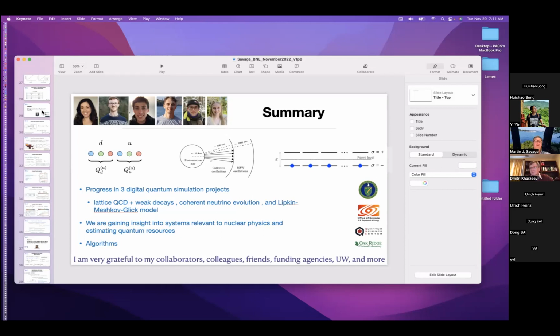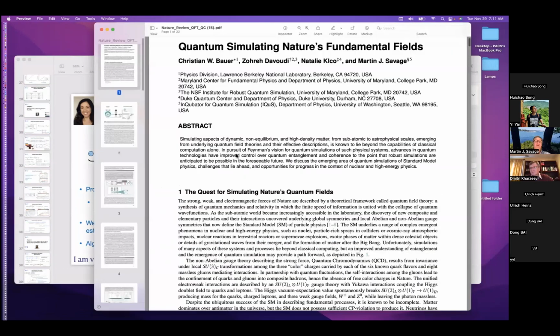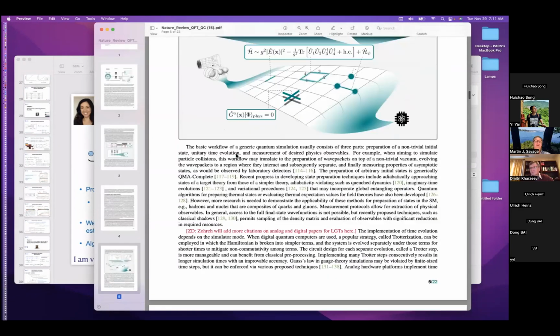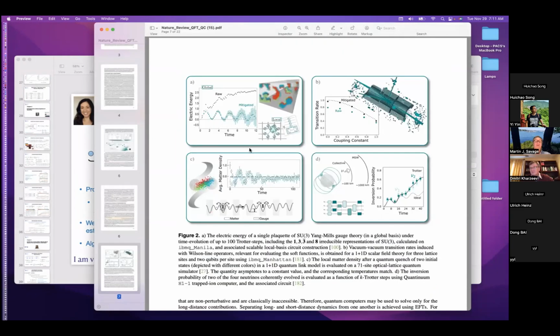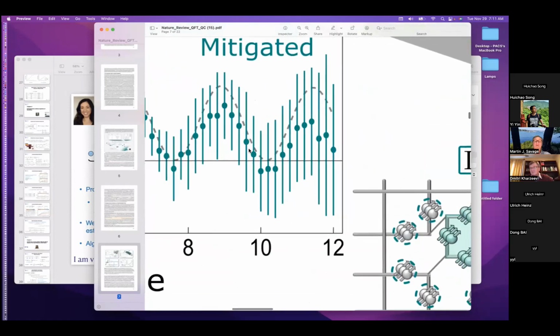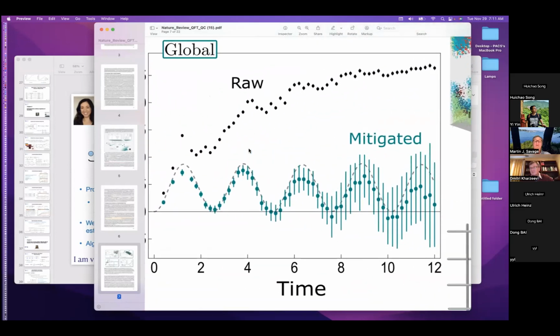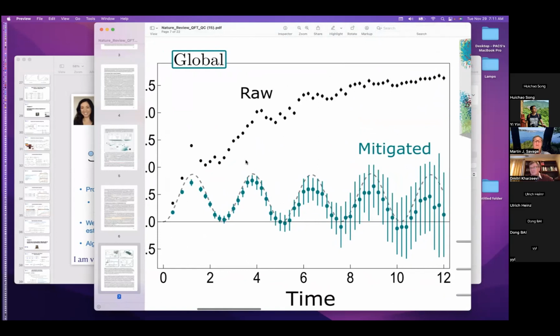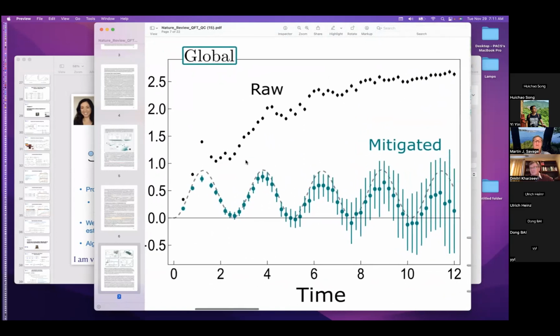And I do have a figure. Let me see whether I can find it. So this is something that we're in the process of preparing. This is a graph from, again, IBM results on a single plaquette with the color irreps of 1, 3, 3 bar, and 8.